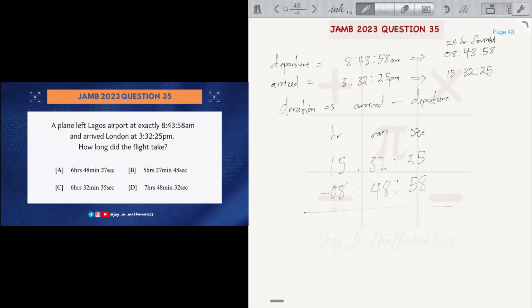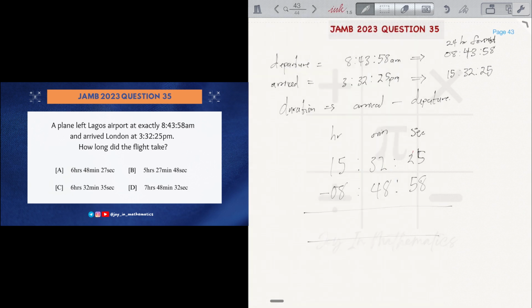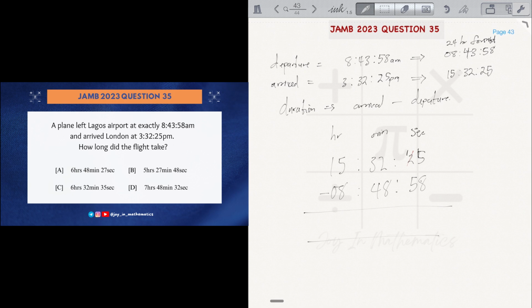To subtract in terms of seconds, 5, we just go through it as normal subtraction method. 5 minus 8 is impossible, so we have to borrow 1 from 2, so we'll be left with 1 here, and this will become 15. So 15 minus 8 is 7.